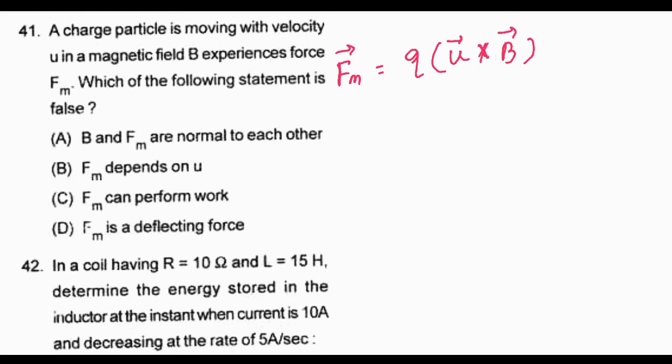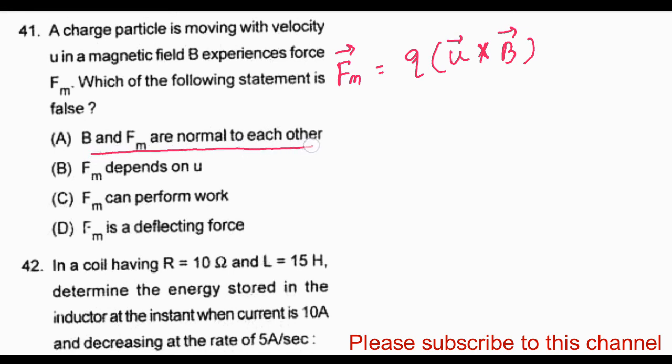So this is the cross product. As this is the cross product, Fm will be perpendicular to both u and B. So option A is given, B and Fm are normal to each other. This is correct.